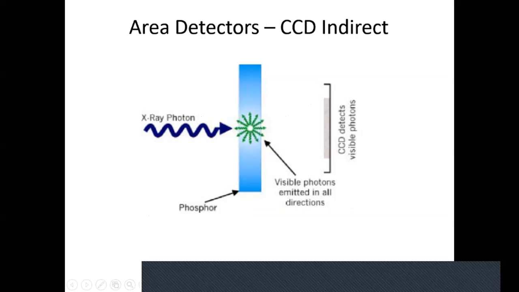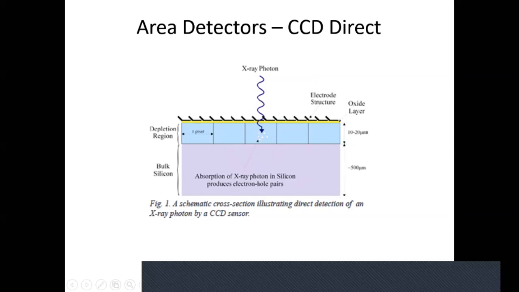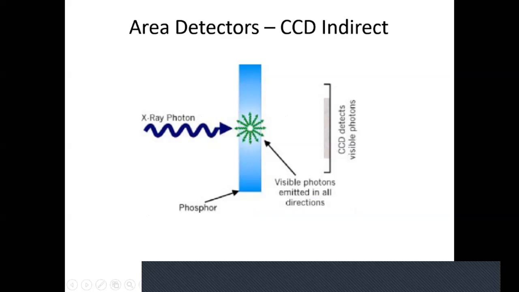So if you see the difference, direct means it reads the photon directly as it strikes the detector, the screen. And then we have indirect, which is what the older technology is, where the X-ray photon strikes, it produces visible light, and then it travels through the cable to the CCD detectors. That's what is indirect. Direct is more sensitive than indirect detectors.